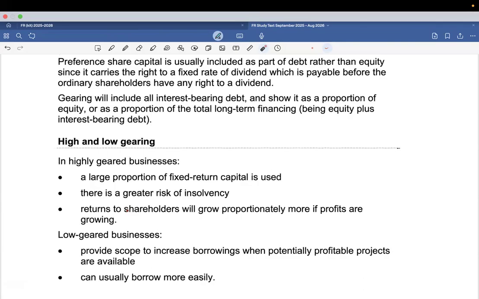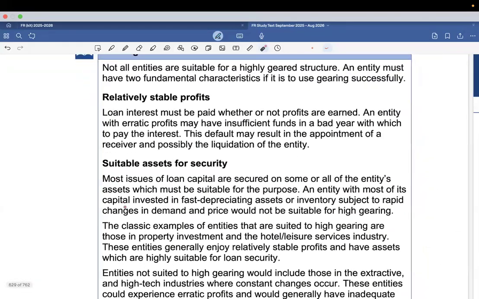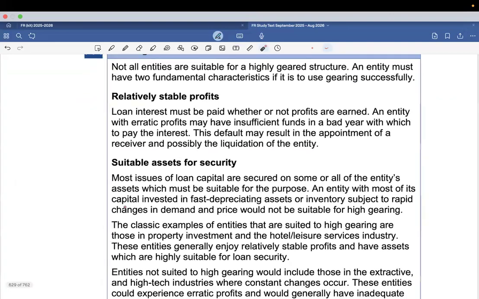A highly geared business means it has a very big portion of funds coming from fixed capital, or a higher amount of loans borrowed. A low geared business means that portion is comparatively low. If it is a low geared business, then the company would still have the chance to raise funds again through borrowings.